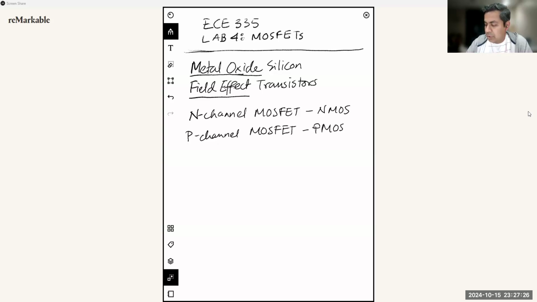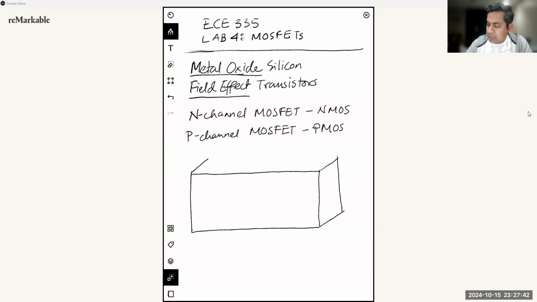So let me draw the device first in a 3D diagram so that you can get an idea of how they're actually built. Then I'll draw a 2D diagram during our circuit or device analysis. This is a silicon substrate that is the basis of this device.